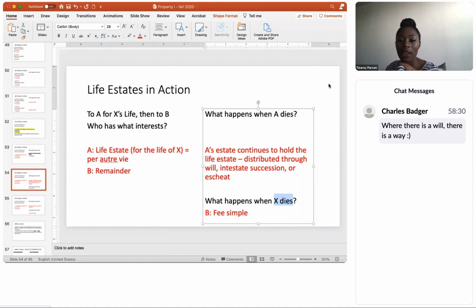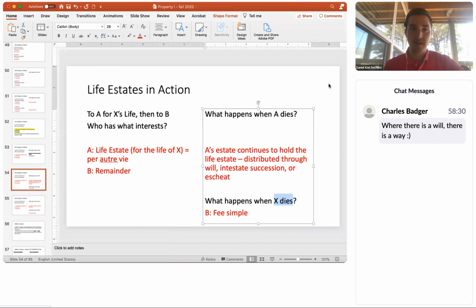Okay, I understand now. He doesn't have any interest, just some random person. Exactly. And so you might be wondering, why would anybody do that? It might happen in a situation where there are children involved. So you might say it goes to my wife or to my child so long as my wife is alive, and then to the charity or something like that.